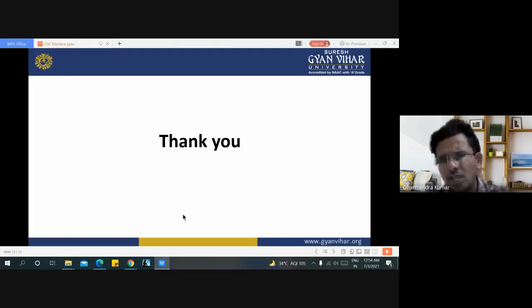Some multiple choice questions may also come from this chapter, like what is the full form of CNC? Computer numeric control. Then another one: is it a manual process or an automated process? It is a fully automated process.